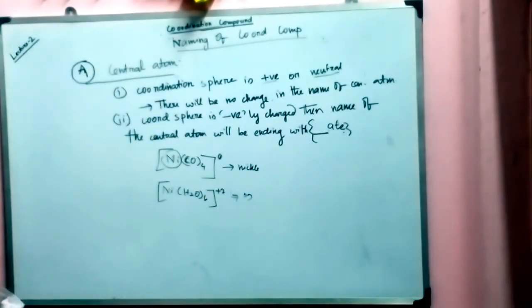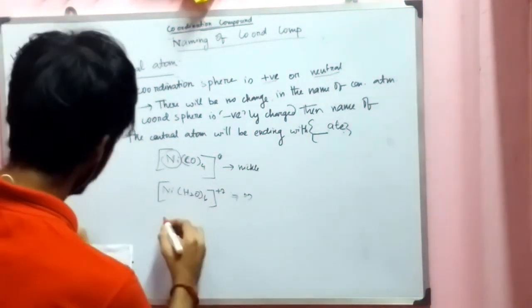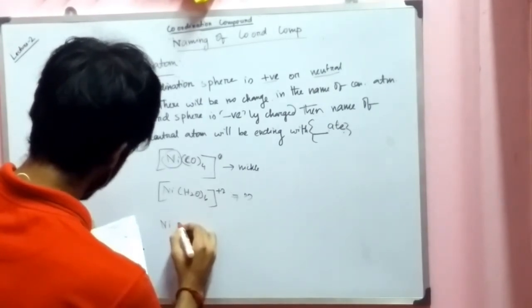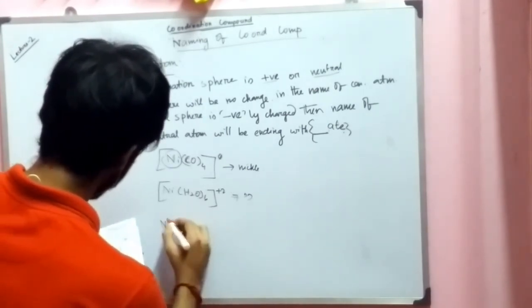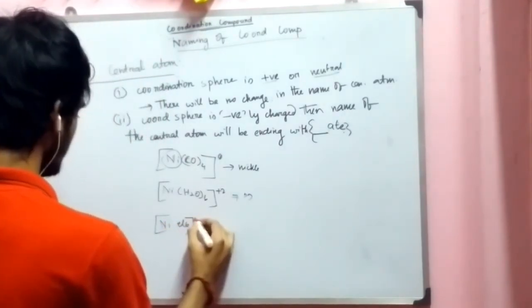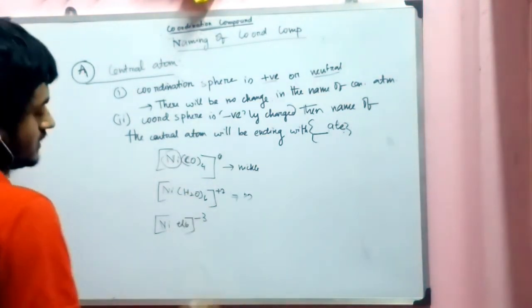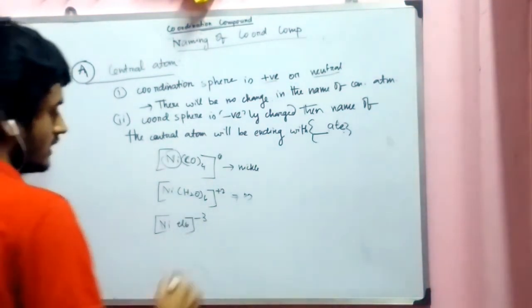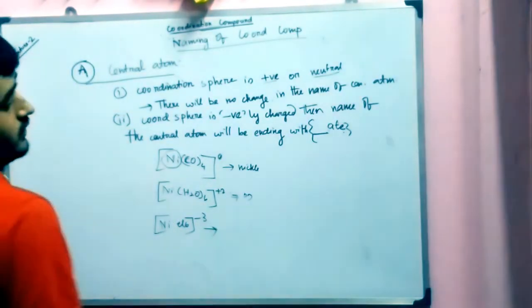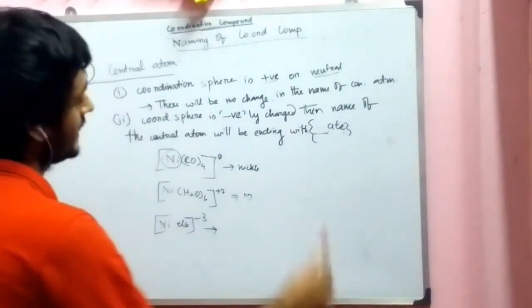And the third example here is [NiCl6]3-. Here the coordination sphere is negatively charged, minus 3, and if negatively charged, the metal atom will be ending with ATE.